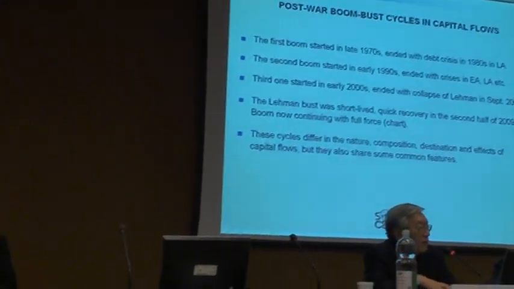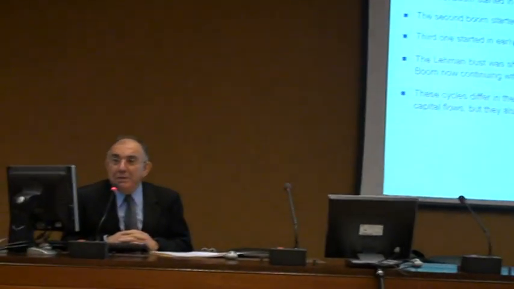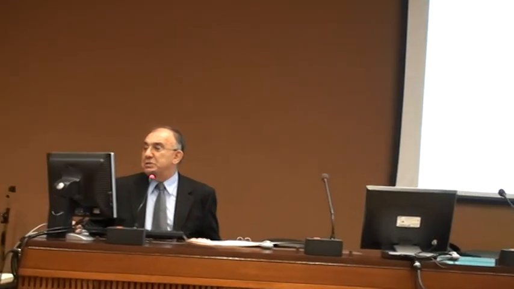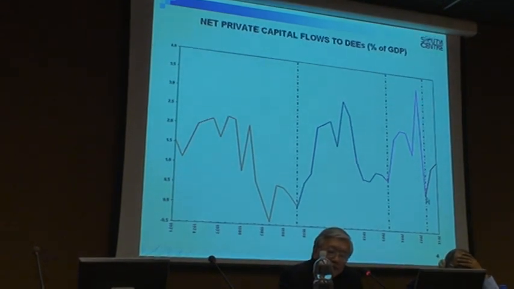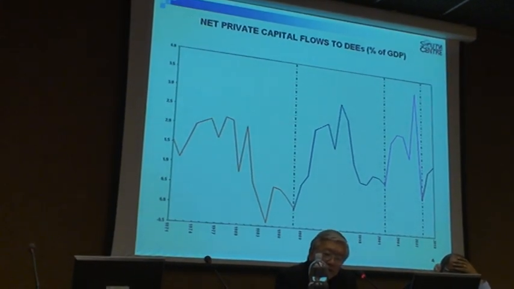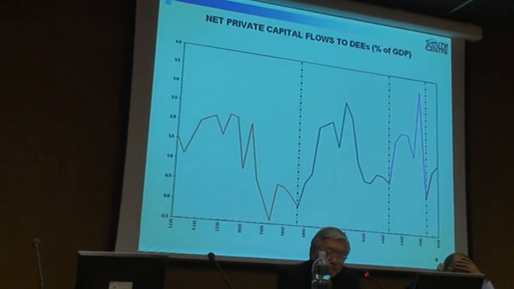The factors that were driving the subprime bubble in the United States were also driving the capital flows to developing countries. This boom, which peaked in 2007, ended in September 2008 with the collapse of Lehman Brothers.